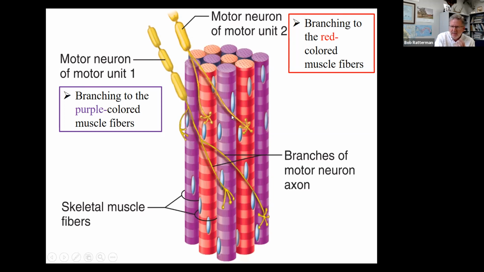So this brings up the concept that you can have motor units that all consist of a single motor neuron, but can synapse with a number of different muscle fibers. Some motor units might only synapse with, say, 10, 11, or 12 fibers, while other motor units may consist of a motor neuron that synapses with several hundred muscle fibers.